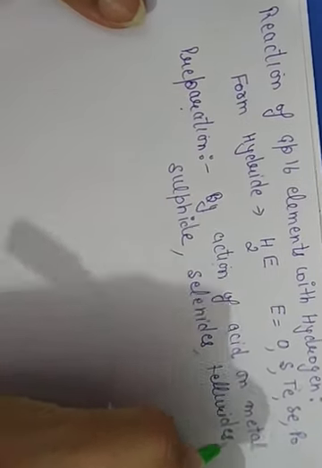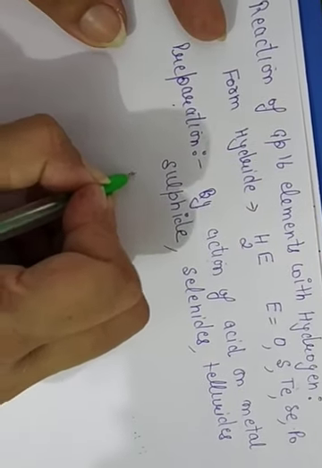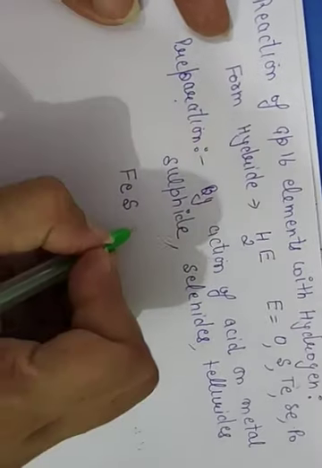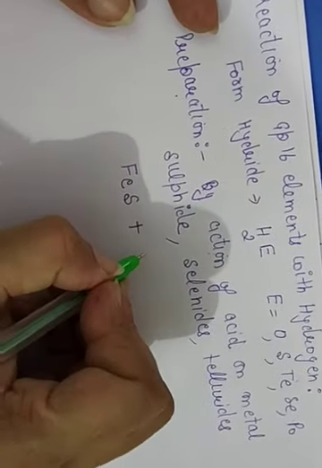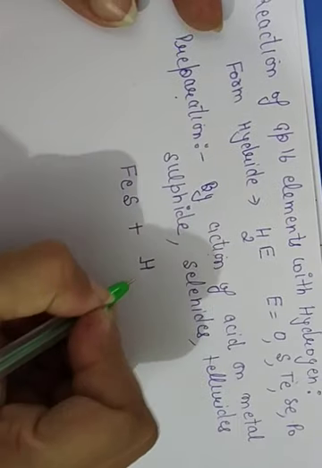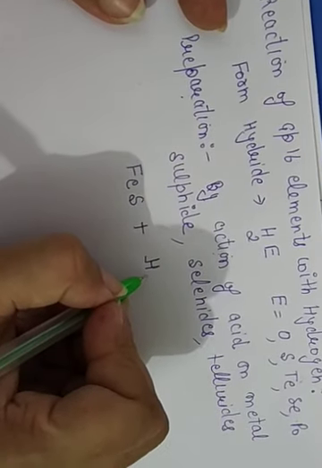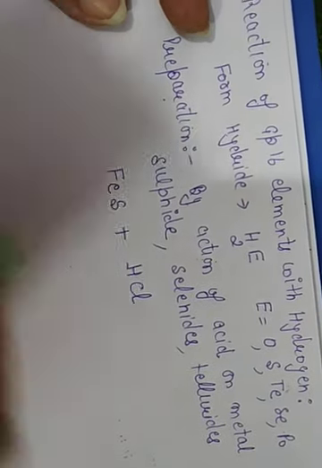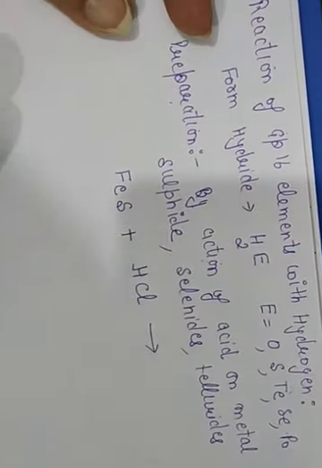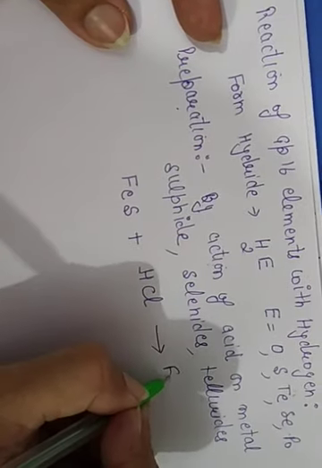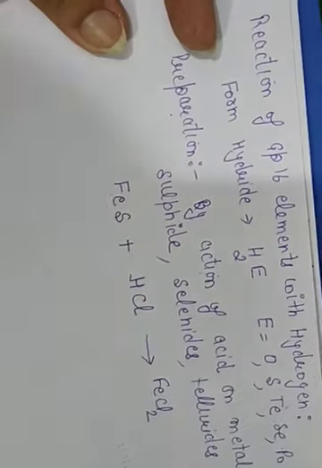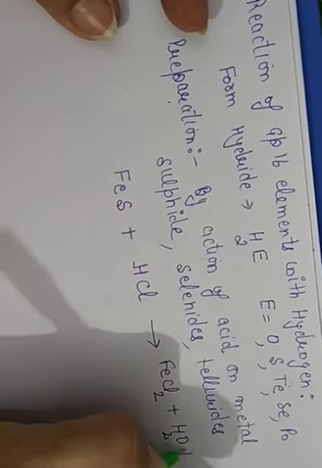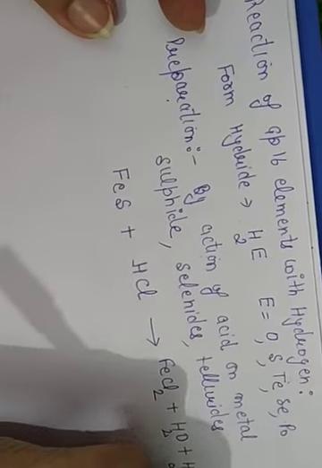For example, if we have FeS, iron sulfide, and suppose it reacts with HCl, then it forms FeCl2 plus H2O and H2S.